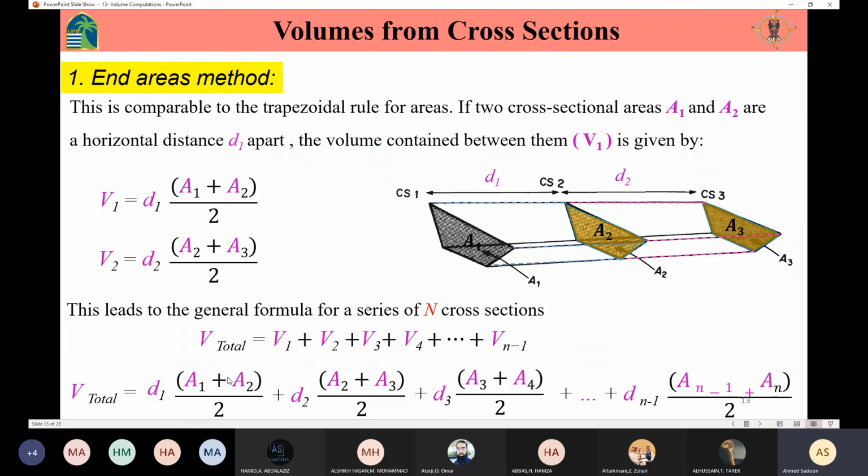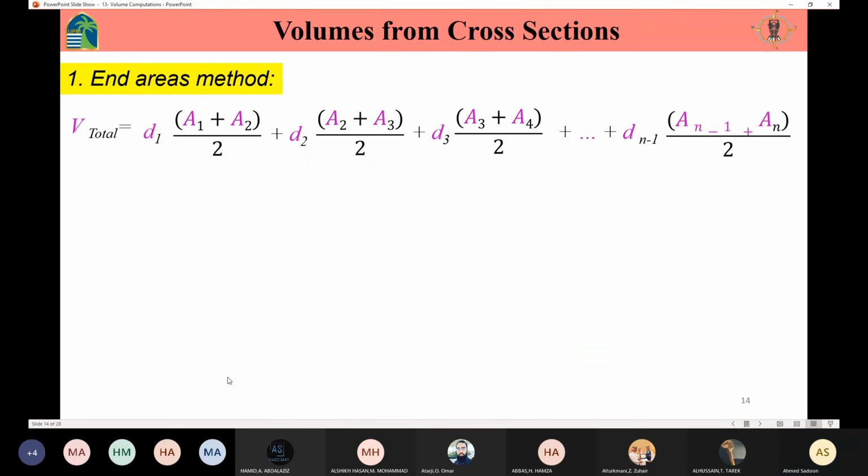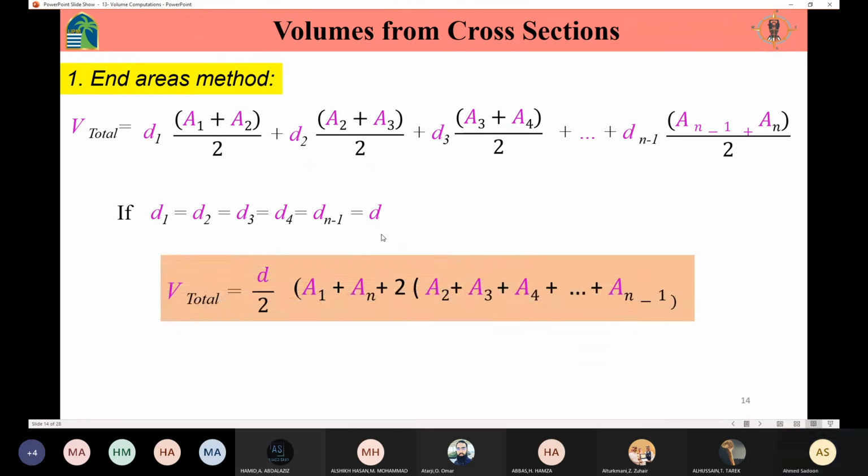And this one could be arranged more. So we can add this section plus that section. Then if D1 is the same as D2 as D3, we are going to have a common factor, which is D. So we can take D over 2 as a common factor.